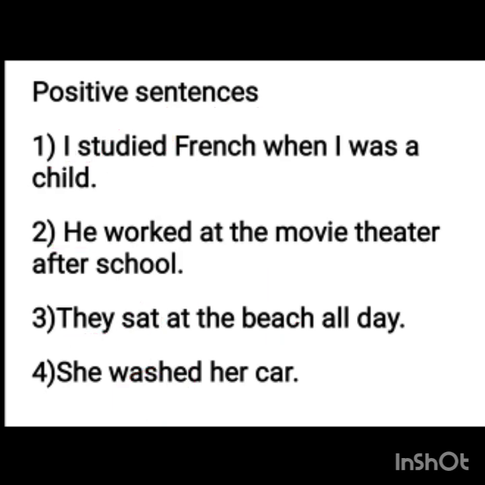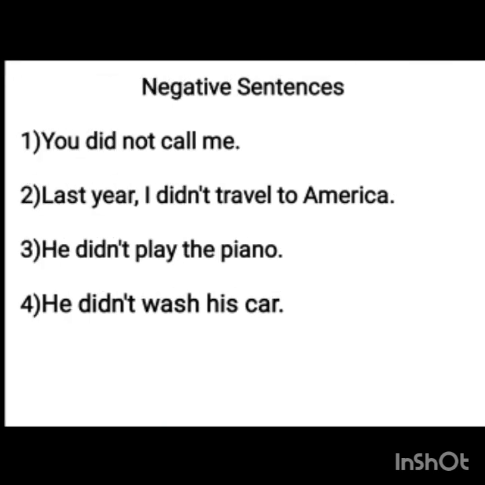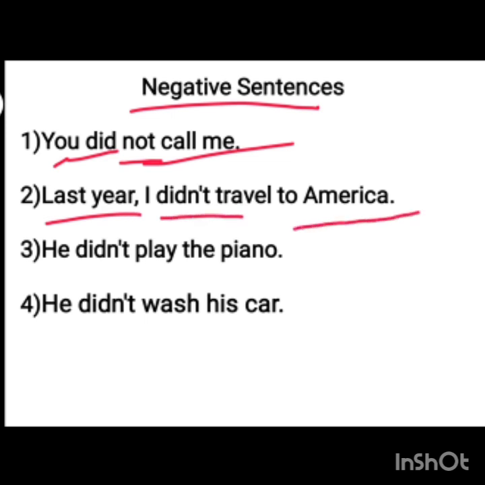And the next we shall see how to frame a negative sentence. For a negative sentence we should use not. You did not call me. Last year I didn't travel to America.